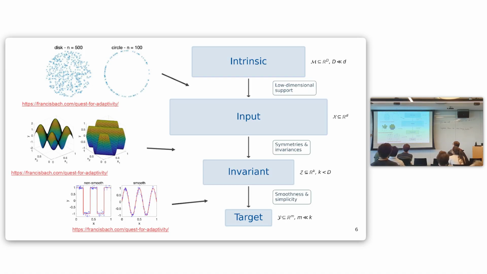We can also have what I call invariant structure, where the data might be of some dimension, but we only care about some subset of those dimensions for any realistic task due to some invariance property or symmetry, for example. So, for example, here on the right, even though the data are on this 2D wavy object, we only care about one dimension of the variation.